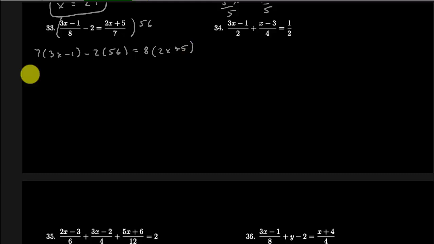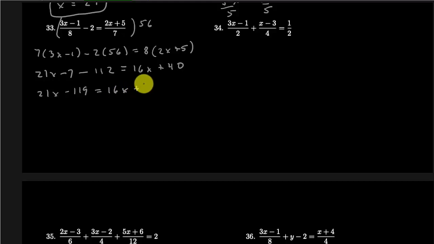Clear the parentheses, 21x minus 7 minus 2 times 56 is 112 equals 16x plus 40. Combine like terms, so that's 21x minus 119 equals 16x plus 40.